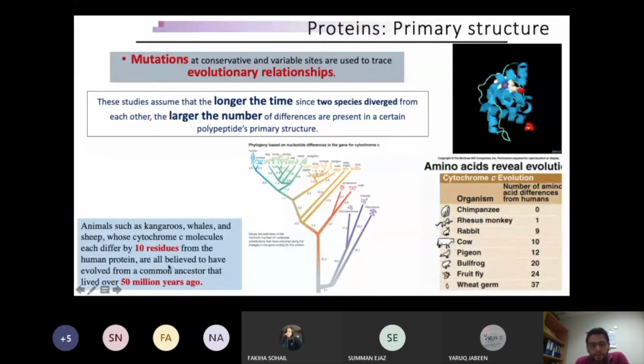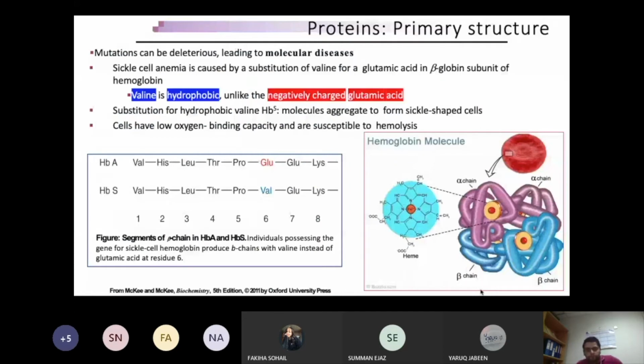Moreover, the cytochrome C of cows, kangaroos, rabbits, and humans have 10 mutations, 10 residues, so they are also similar to each other. This graph in fact tells you how many residues are different among different organisms from human. For example, chimpanzees have zero mutations, monkey 1, rabbit 9, and so on and so forth. So this is the basic level of protein structure in which we are interested.